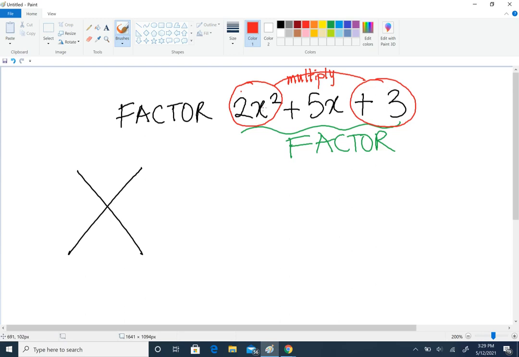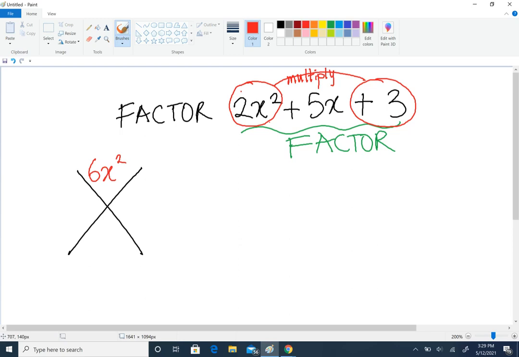So I'm not just circling the x squared. This is a very common mistake that happens. A lot of people will just multiply the x squared and the 3 as opposed to the 2x squared and the 3. So this gives you 6x squared, because 2 times 3 is 6. So it's 6x squared and not 3x squared. That's a very key thing to note.